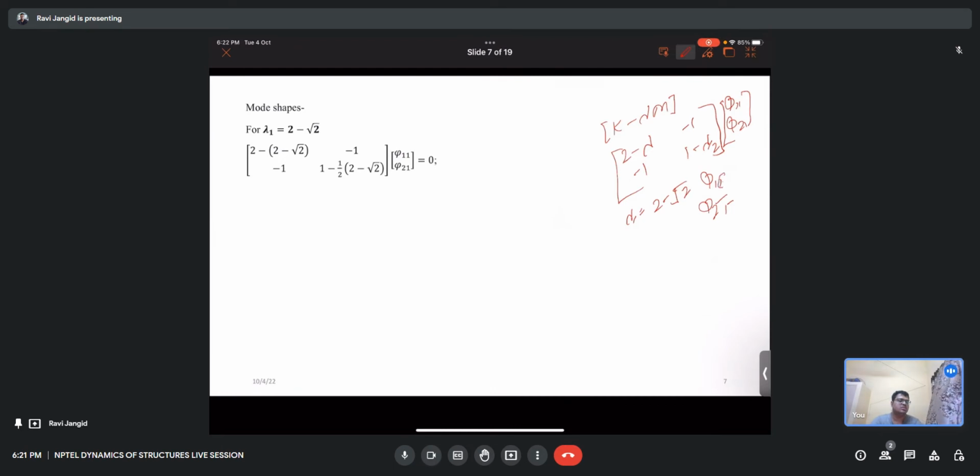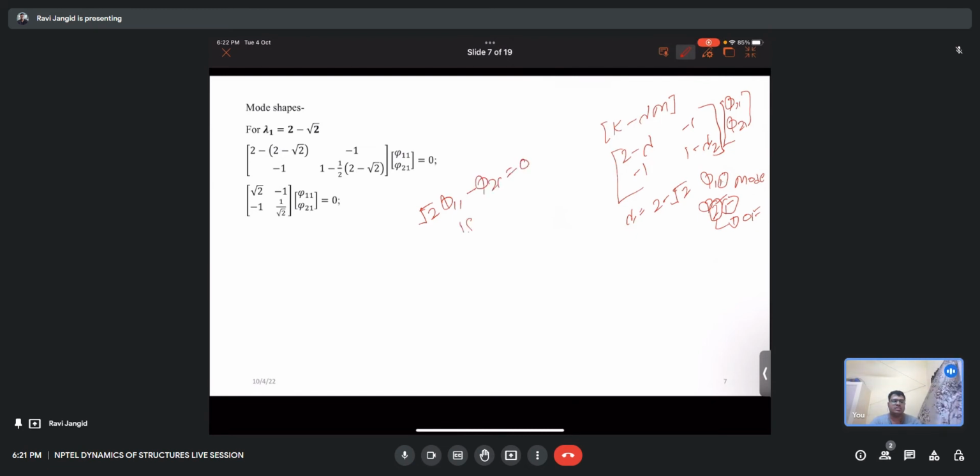So the last subscript corresponds to the mode, and the first subscript corresponds to the degree of freedom. Okay, so if I simplify this matrix, I get square root 2, minus 1, minus 1, 1 by square root 2, times phi 11, phi 21. Let us take the first equation: under root 2 phi 11 minus phi 21 is 0.